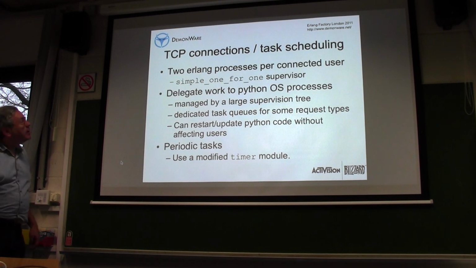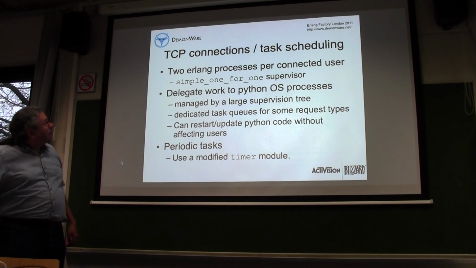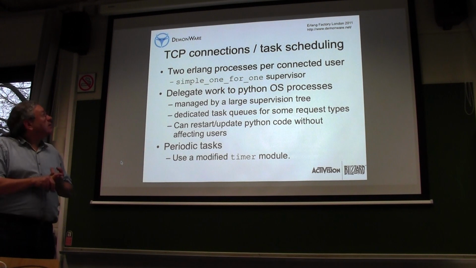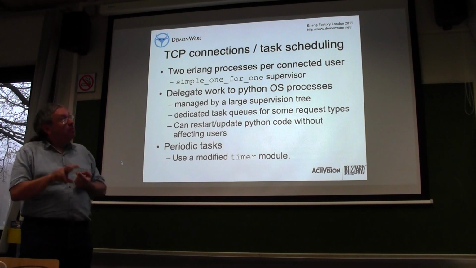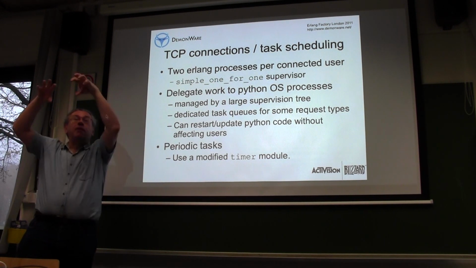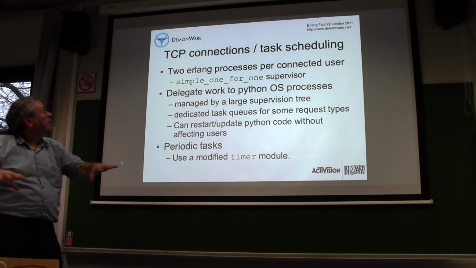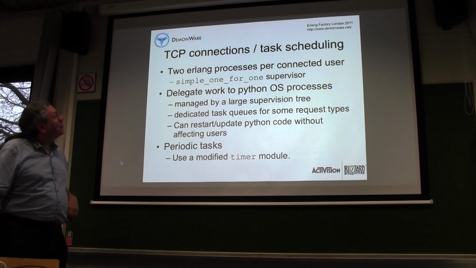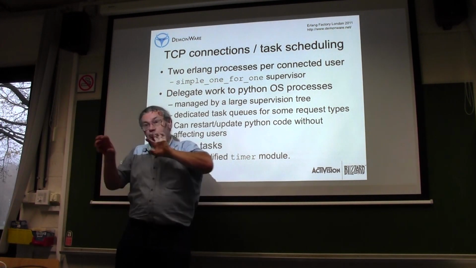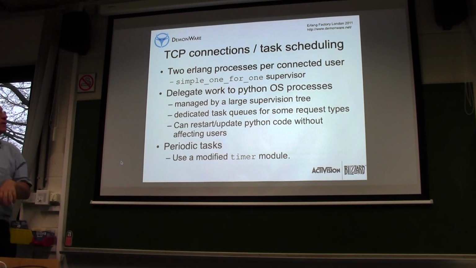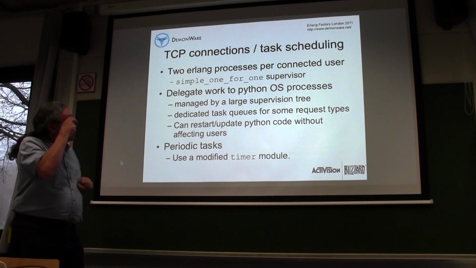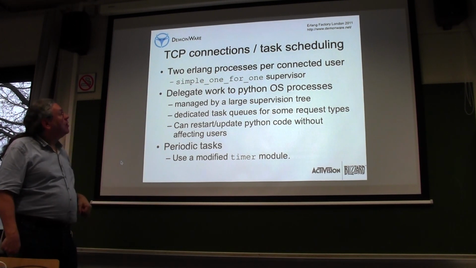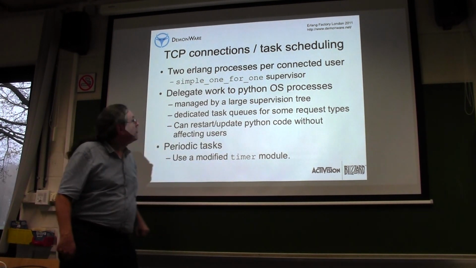Okay? So how do they do some of the things? So the TCP connections, the task scheduling: for each connected user, there are two Erlang processes. So remember, we have the supervisor with all the workers. So you have two processes that are handling each connected user, and they use a simple one-for-one, which means you can start and stop them individually. And these processes delegate work to Python, actual operating system processes.